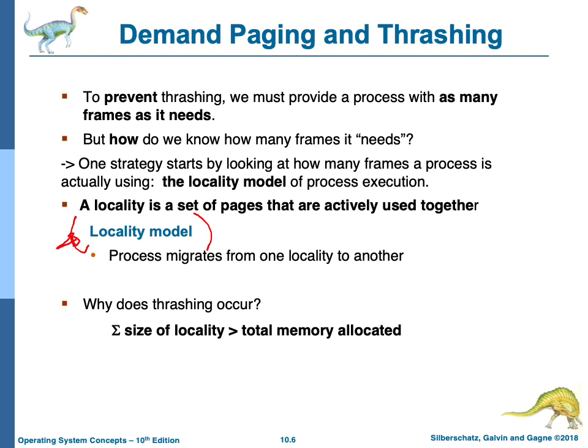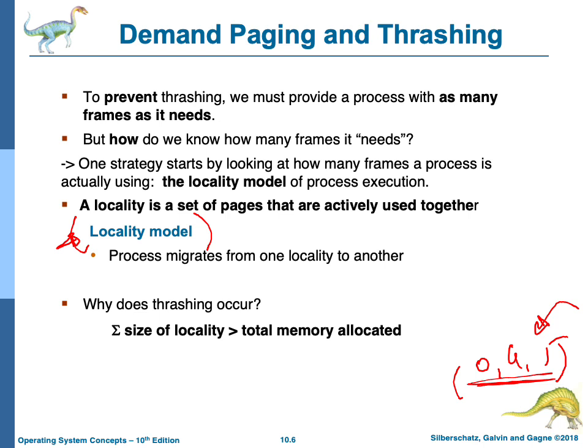So the locality is that set of pages in the reference string that are actively used by the process. So pages 0, 4, 5, this is the locality set that the process is actively interacting with.